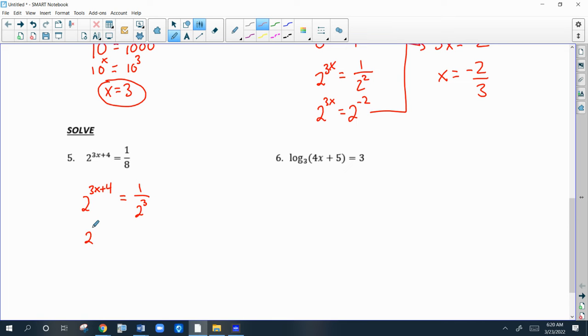Get them on the same level. And now we're going to set the exponents equal to each other. And let's see, we're going to subtract 4. And then finally divide by 3. So x equals negative 7 over 3.